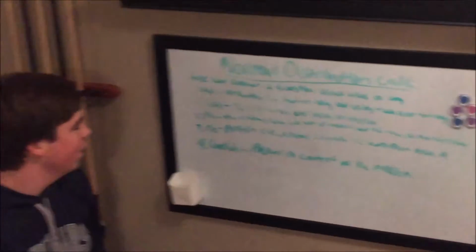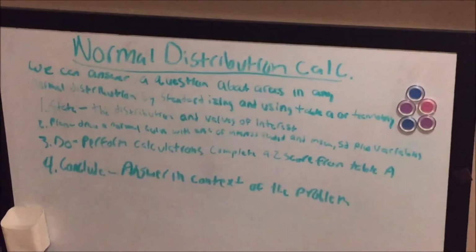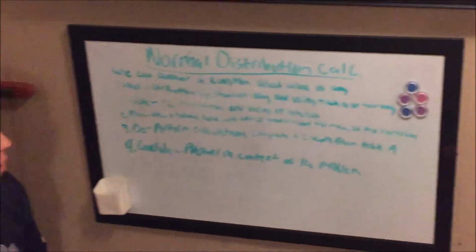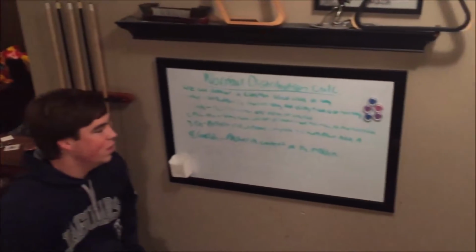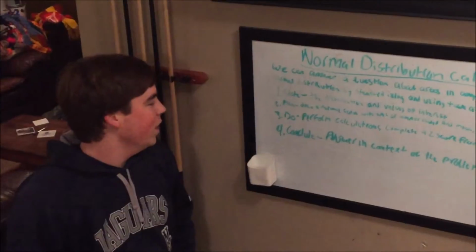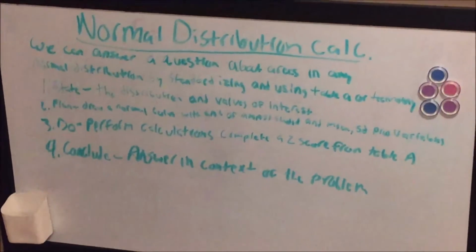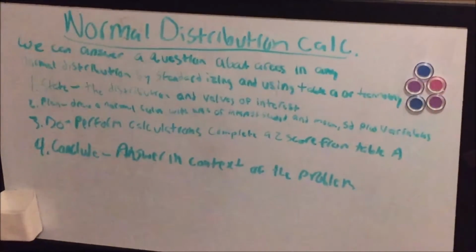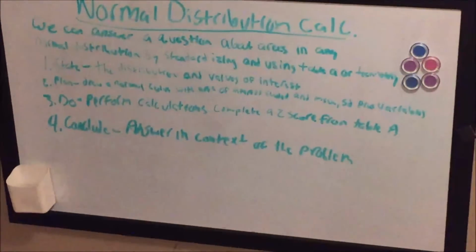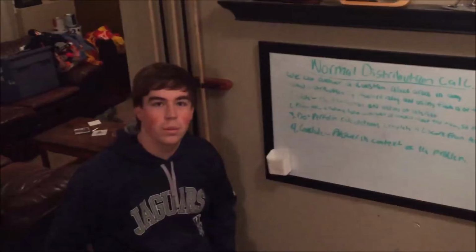Number 2, plan and draw a normal curve with all the areas of interest shaded, meaning the mean, standard deviation, and that's it. Number 3 is do, so you perform the calculations, computing a z-score and using table A. And number 4 is conclude, where you answer the problem in the context of the problem.